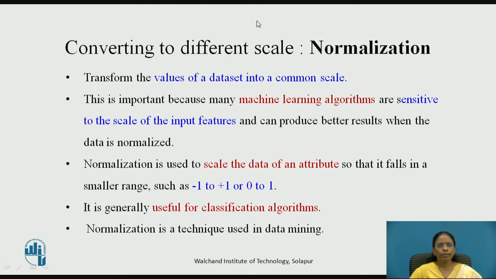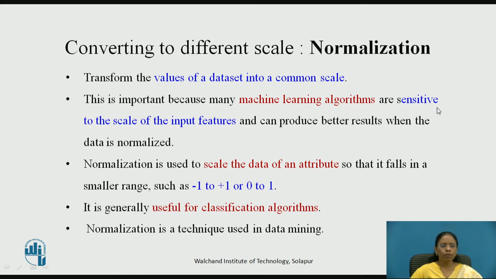Converting to a different scale type: one method is normalization, where we are not converting quantitative to qualitative or any other type, but rather in some cases we want the same scale to be converted. It transforms the values of a data set into some common scale. Why is it important?